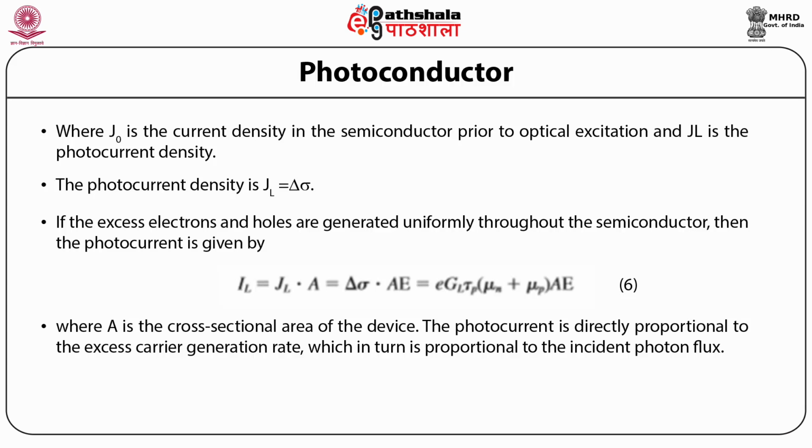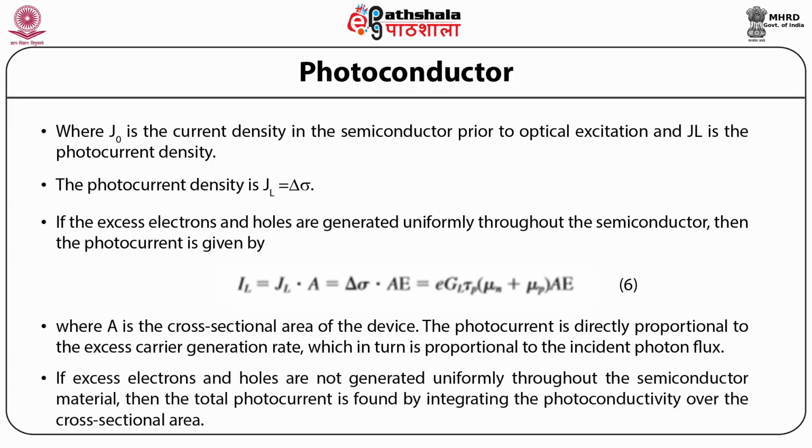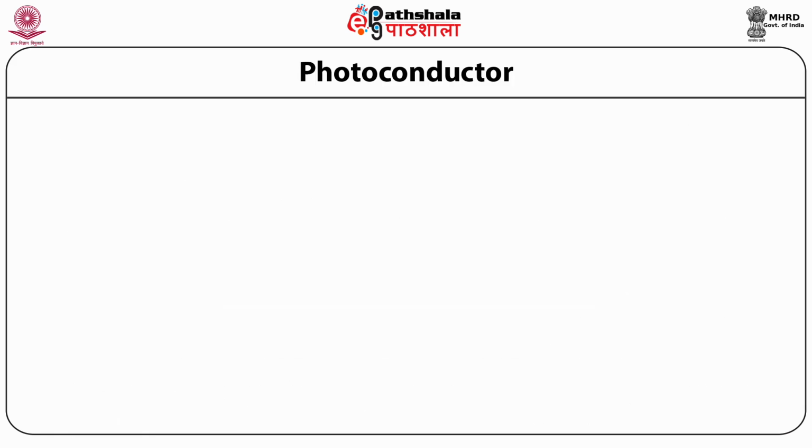So the photocurrent is directly proportional to the excess carrier generation rate, which in turn is proportional to the incident photon flux. If excess electrons and holes are not generated uniformly throughout the semiconductor material, then the total photocurrent is found by integrating the photoconductivity over the cross-sectional area.